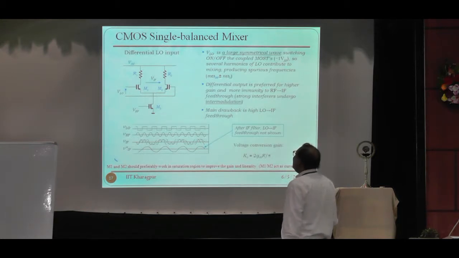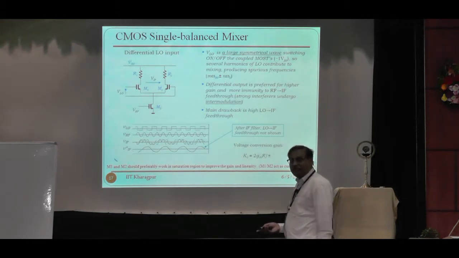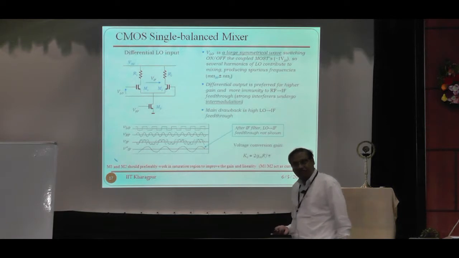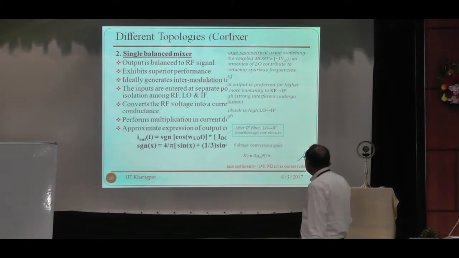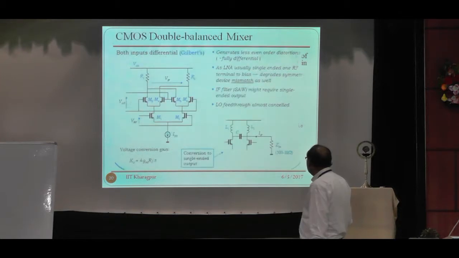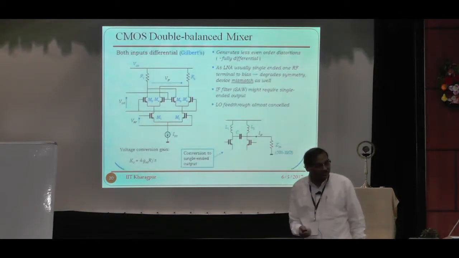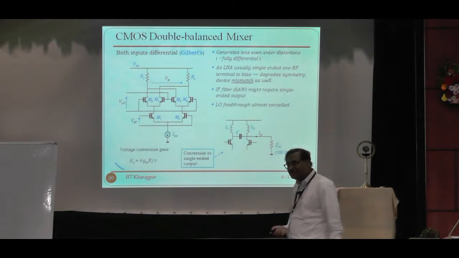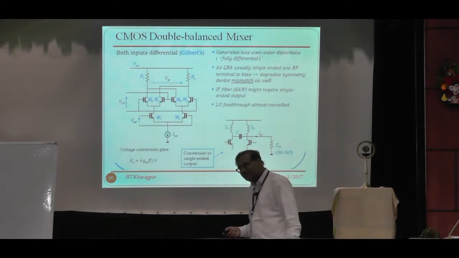After that, you all know that finally the mixer stage which has been established worldwide is this stage. All of you know this. This is called the double balanced Hilbert mixer.